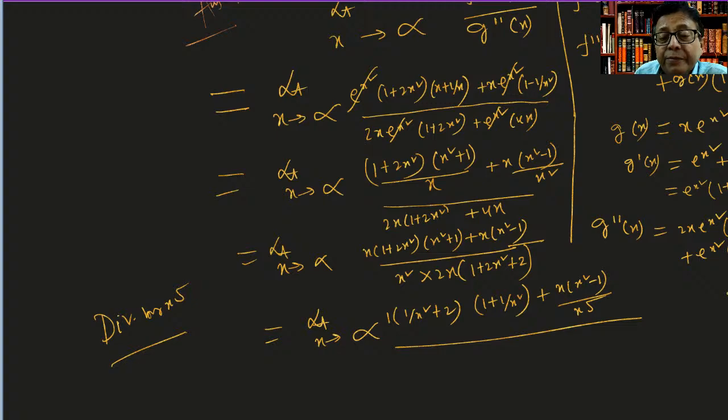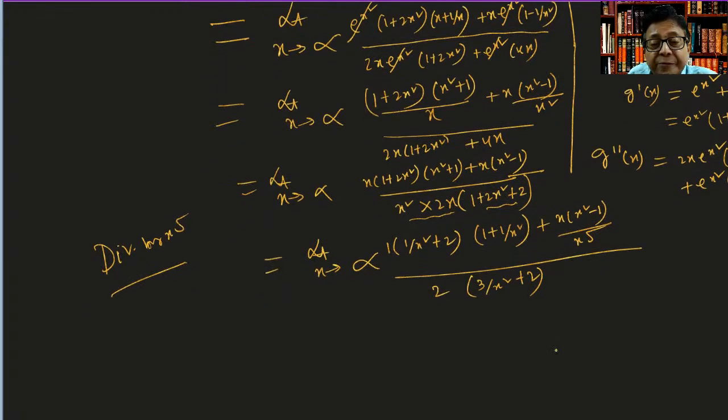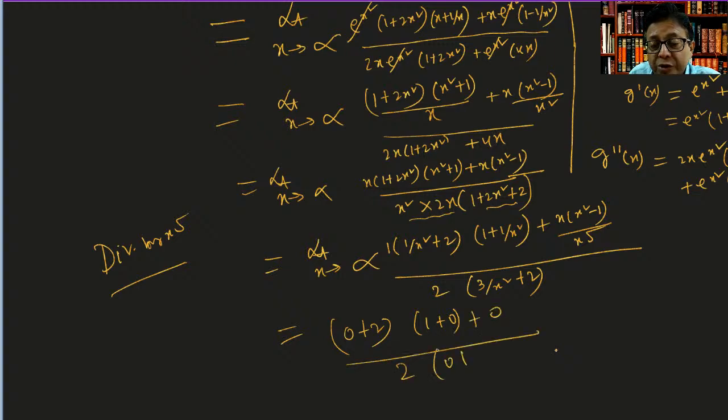And here if you divide, you are giving x cubed here and x squared here, plus 2. Hope you have understood. When x tending to infinity, this part will be 0 plus 2, 1, this part will be 0, and here 0 plus 2. So this will be 2 by 4. Answer is 1 by 2.